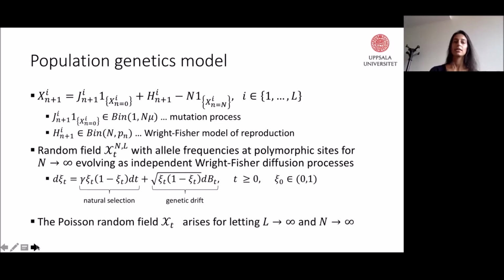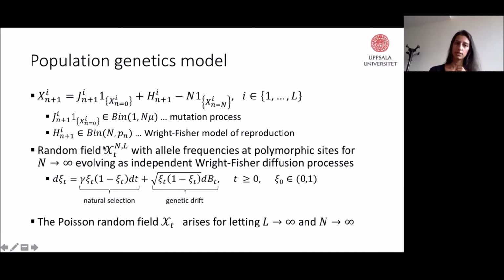We also know that if we let both L and n tend to infinity, our random field converges towards a Poisson random field. These are properties that we know about our process.